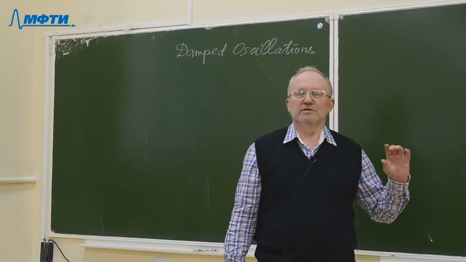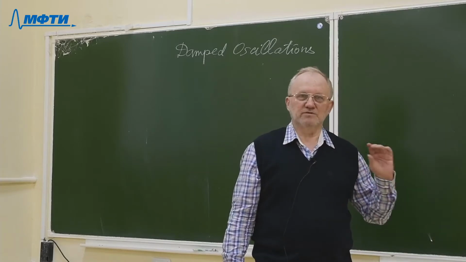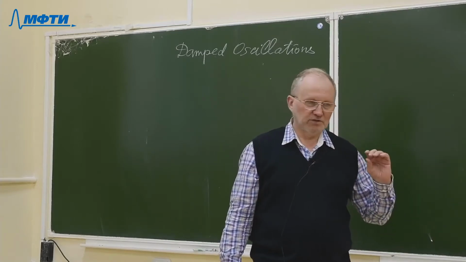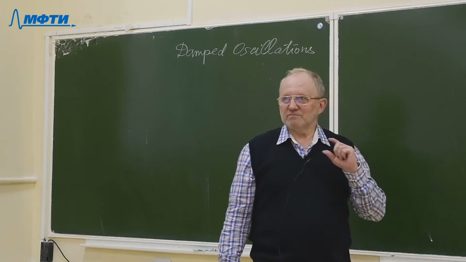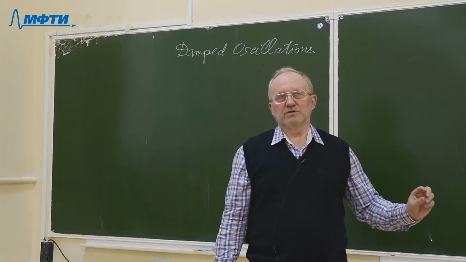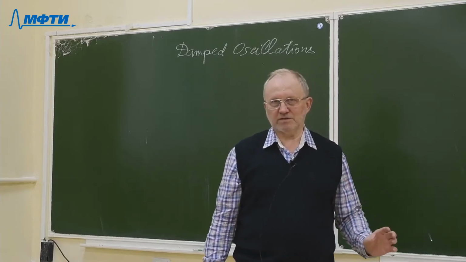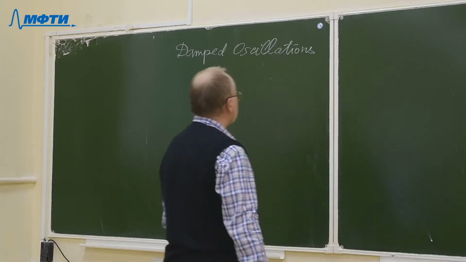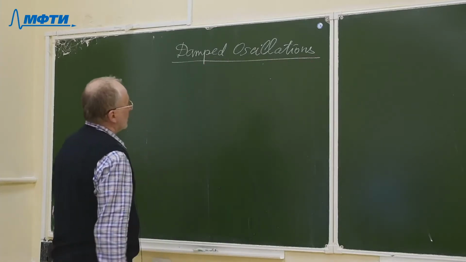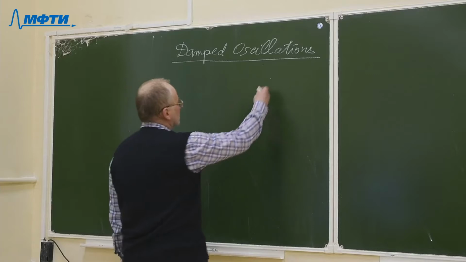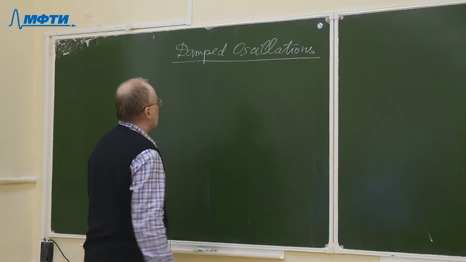The amplitude was diminishing with time, and finally the oscillations totally ceased. Such oscillations with decreasing amplitude are called damped oscillations, and we will consider this topic and how damped oscillations can be described theoretically.